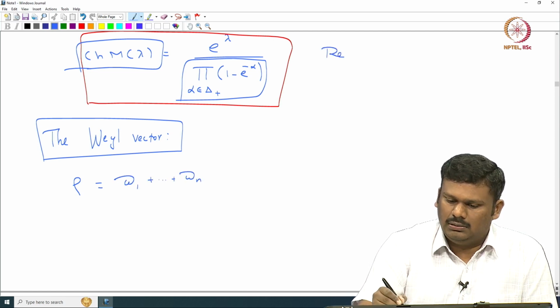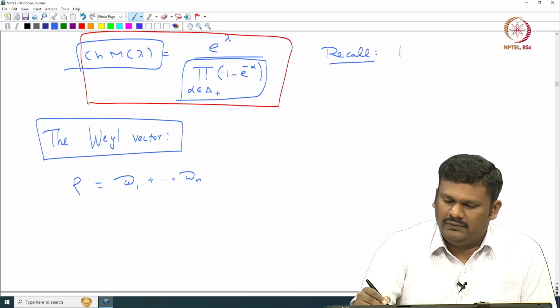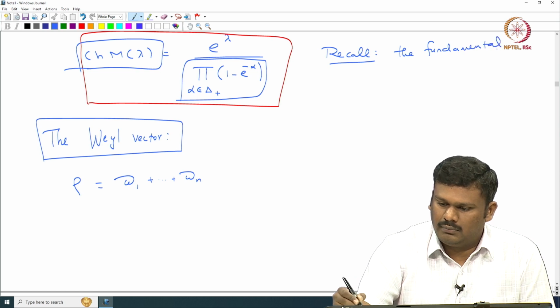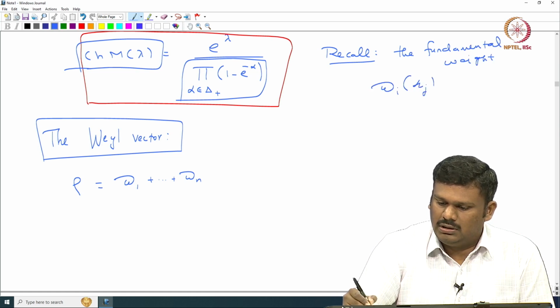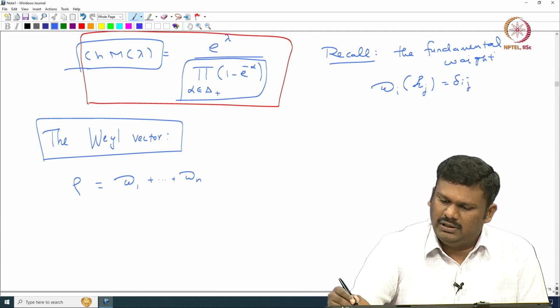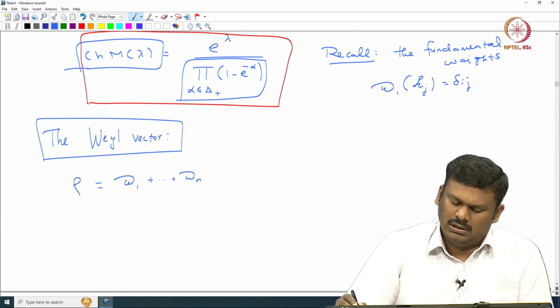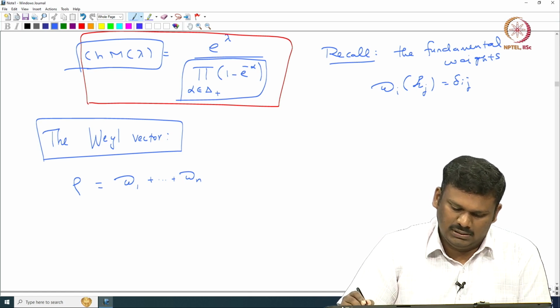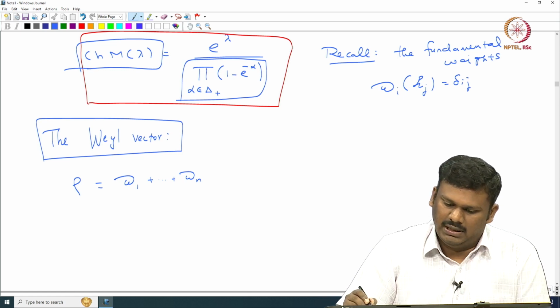Recall what the fundamental weights are. The fundamental weights are defined so that omega i of h j is given by delta i j. Now if we take any weight in the weight lattice, it can be written as a Z linear combination of fundamental weights.